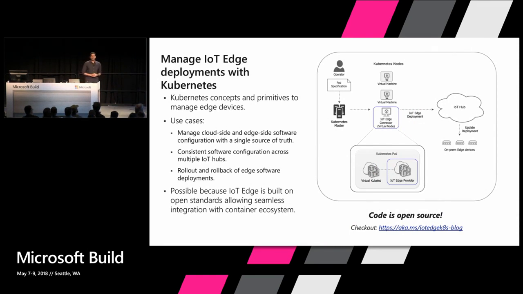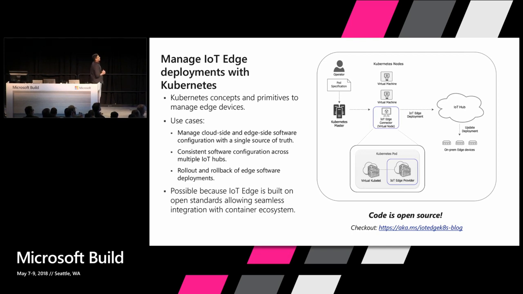From the beginning, one of the core principles of Azure IoT Edge was to be built on open standards. The advantage of this for you as a customer is first-class support for best-in-class technologies in the container ecosystem. For instance, Kubernetes.